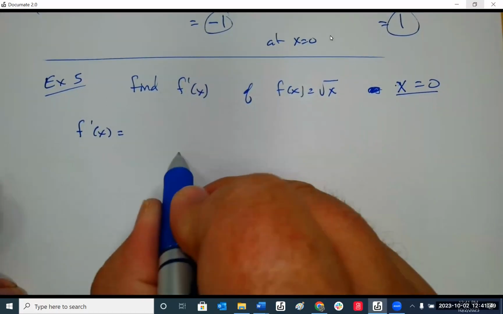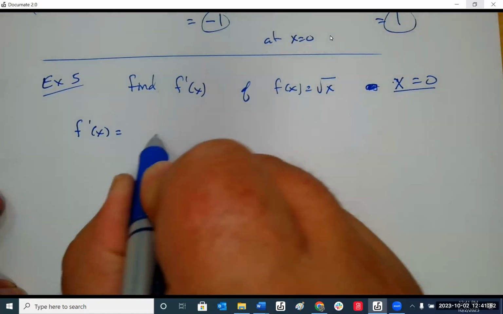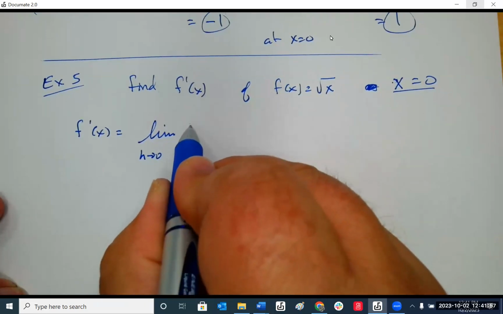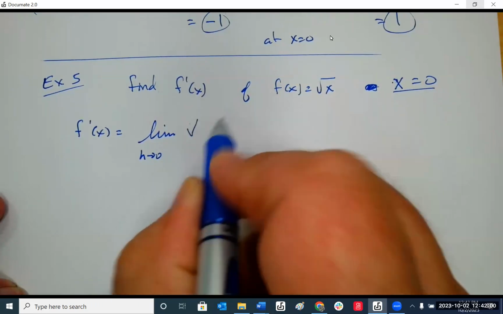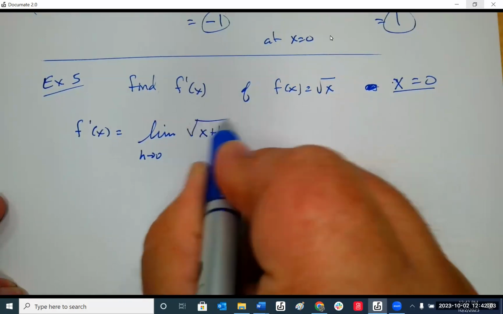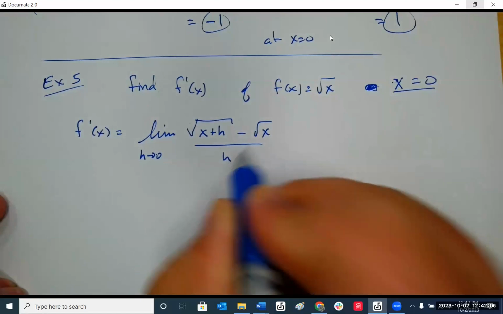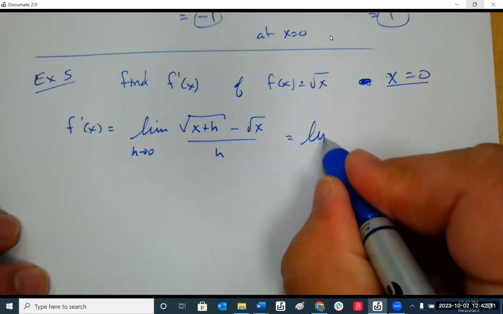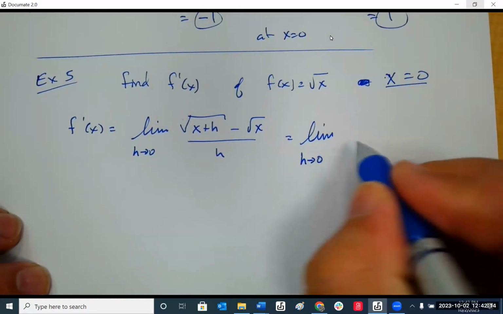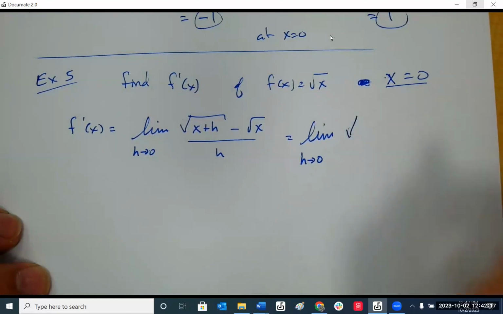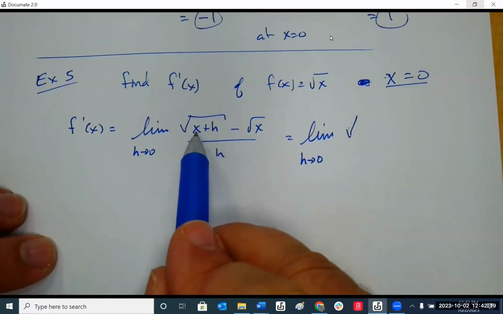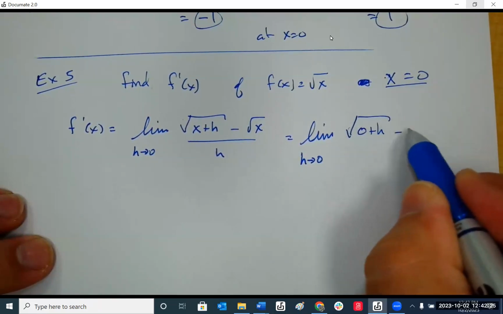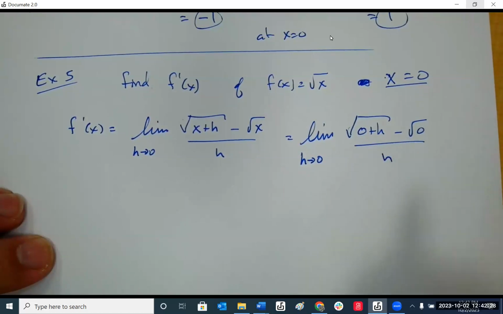So we have the limit as h goes to 0 of x plus h minus, remember x is 0, so we have 0 plus h minus 0 over h.